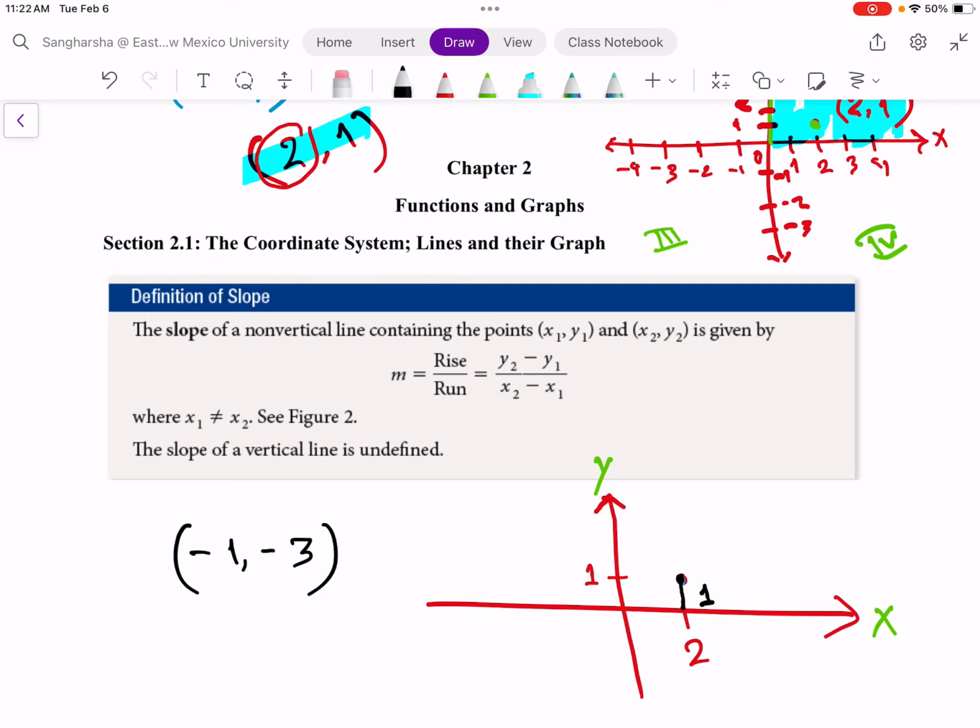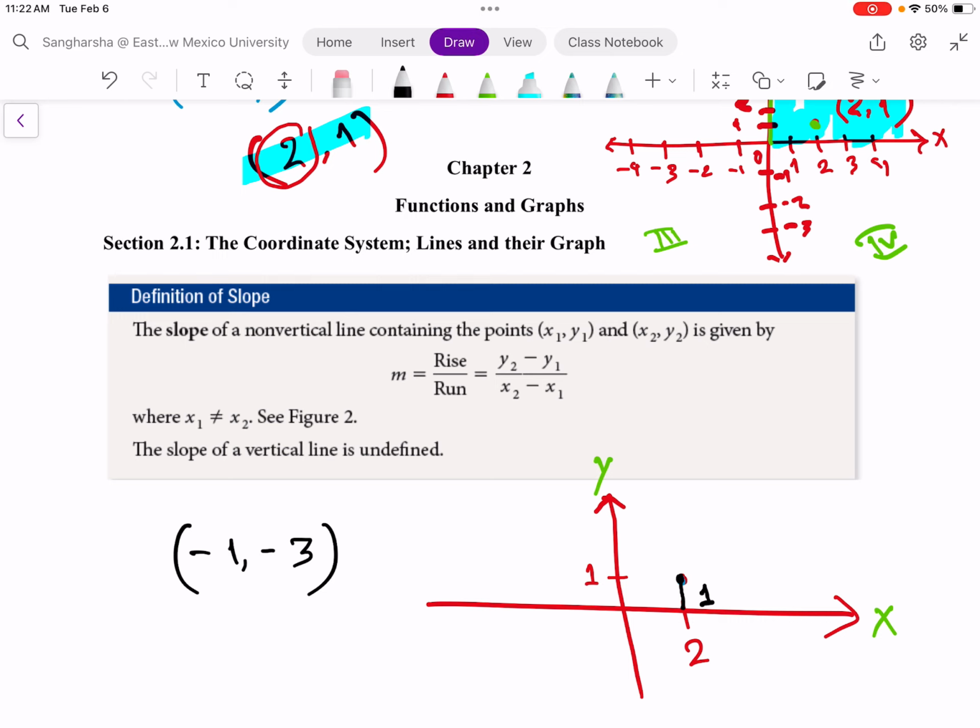Now what does it mean by negative? Distance can't be negative, right? What does it mean by having a negative in the front? Is the point below the x-axis or above the x-axis? If you have a point below the x-axis, we get a negative y coordinate, right?